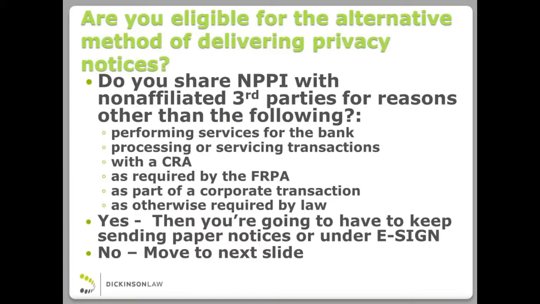And when I say, do you share it in a way that triggers an opt-out, these exemptions I have listed here, those are in the rule, in the FCRA, where if you're sharing information to non-affiliated third parties for these reasons, it doesn't trigger providing an opt-out. You don't have to. So you can share for these reasons, and you're not going to have to provide an opt-out, and you'll still be okay to use the alternative method.